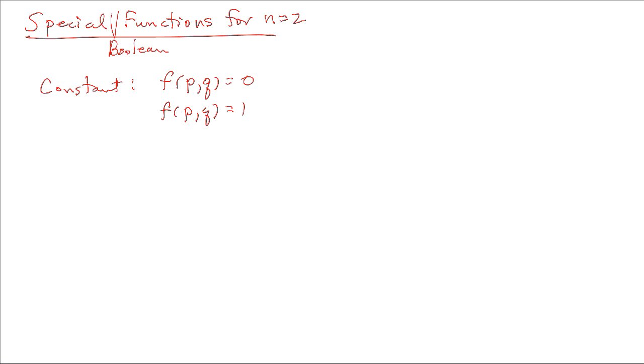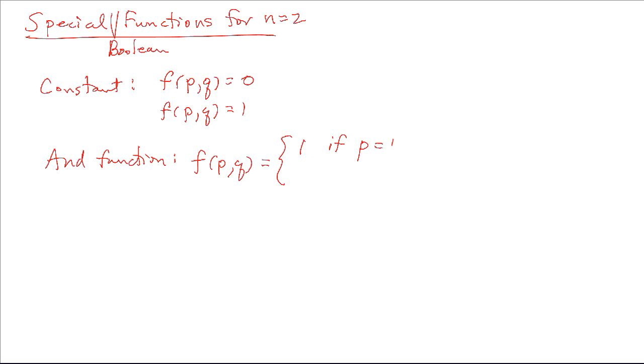I could define what's called the AND function, where f of p and q is equal to, and here's another way of using curly brackets, 1 if both p and q are equal to 1, and 0 otherwise.